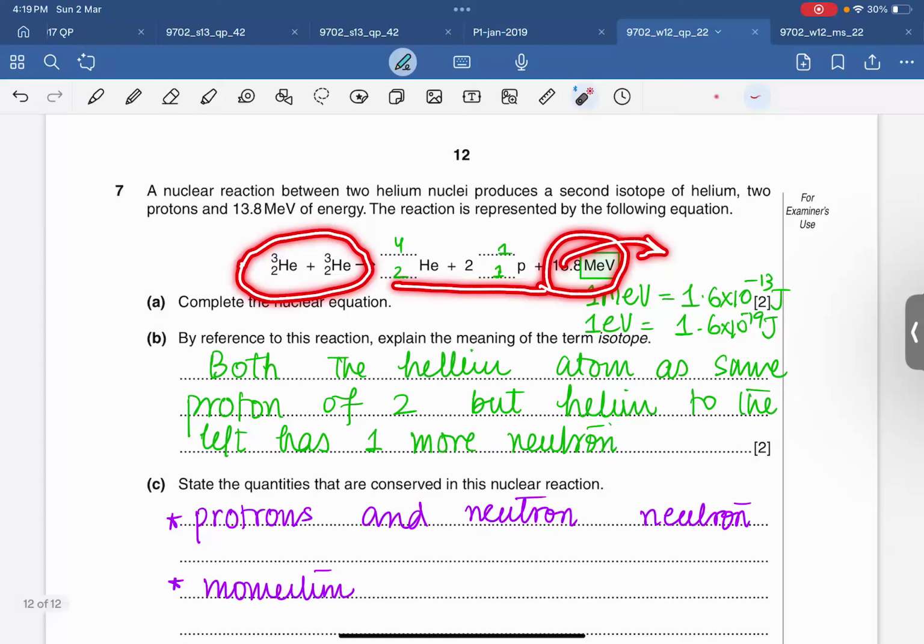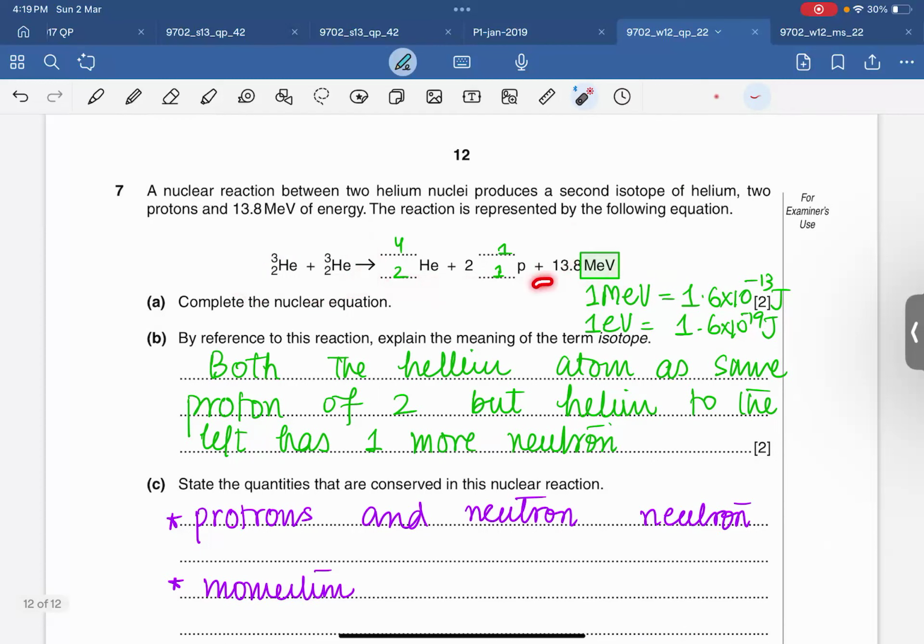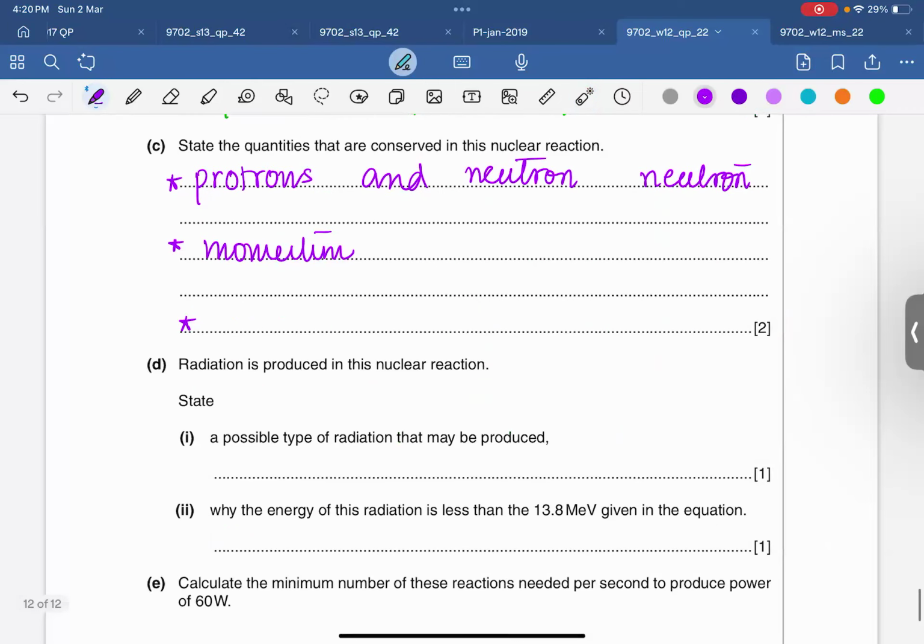So the mass of the product will be less than the mass of the reactant, and the difference in mass is converted into energy. So mass energy should always be conserved.